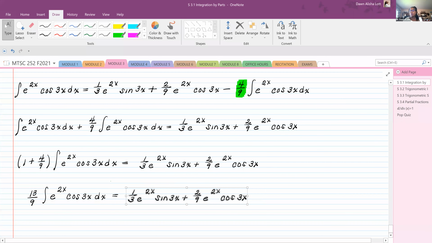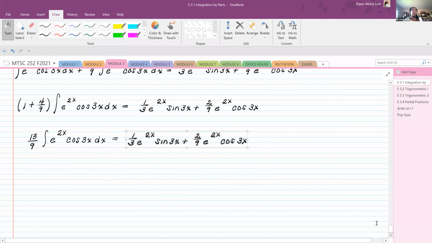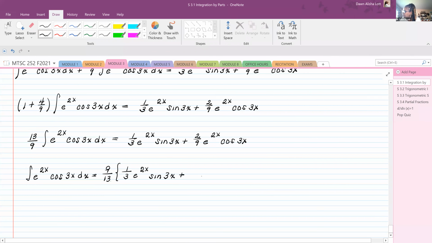So now I have to multiply by 9/13. So now I get the integral of e to the 2x cosine of 3x dx is equal to 9/13 times 1/3 e to the 2x sine of 3x, plus 2/9 e to the 2x cosine 3x.